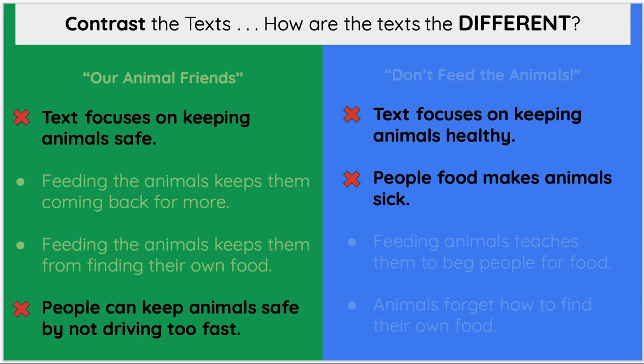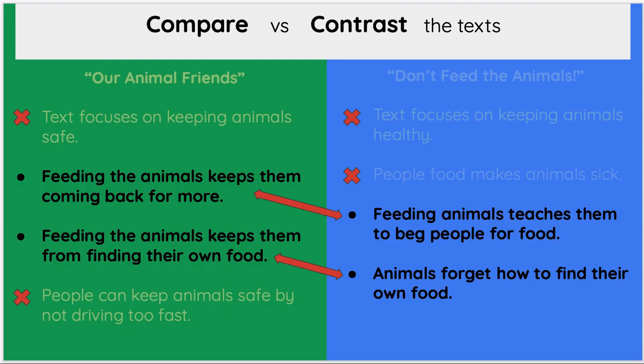And this time, they say it's because people food makes animals sick. Boys and girls, I see here that I can both compare and contrast these two texts. My X's show how they are different. My arrows show how they are the same.